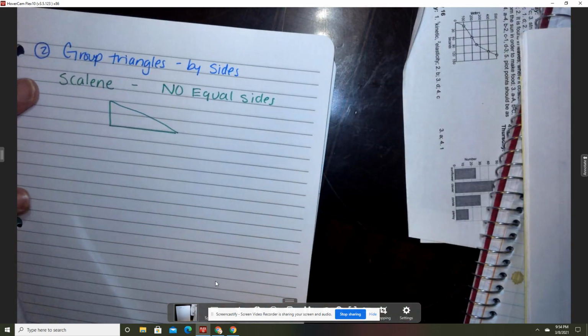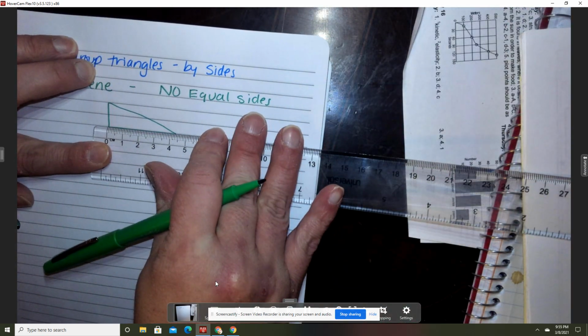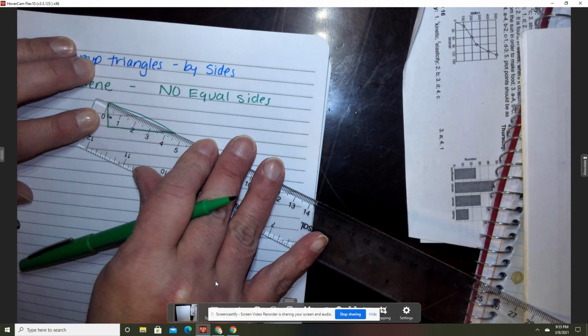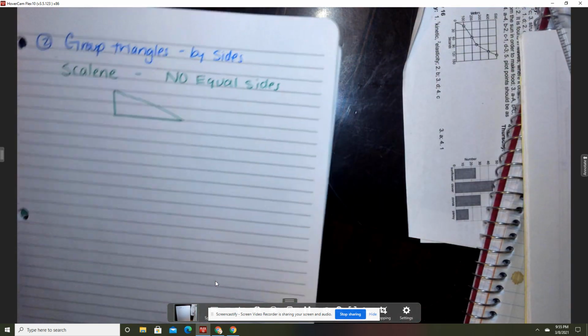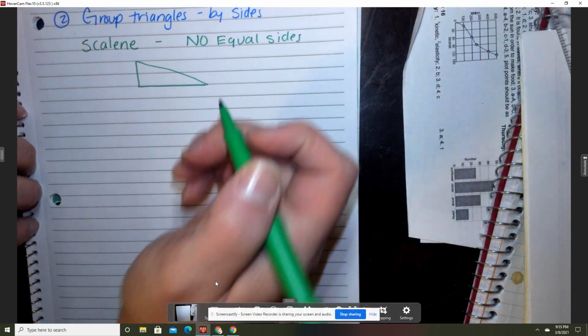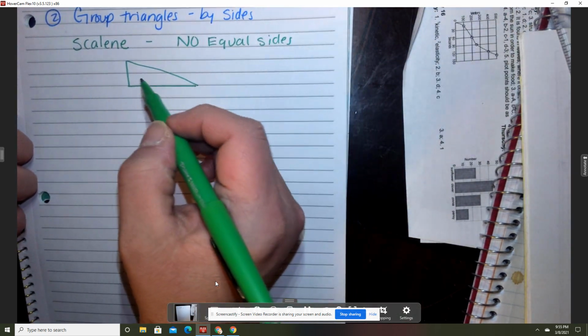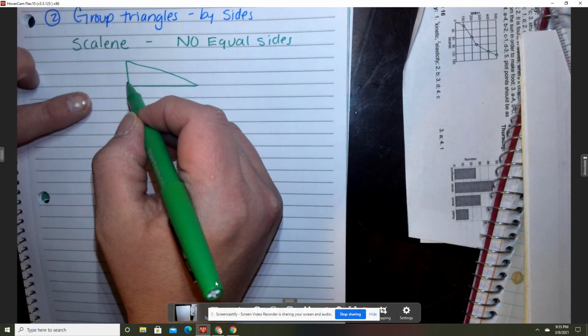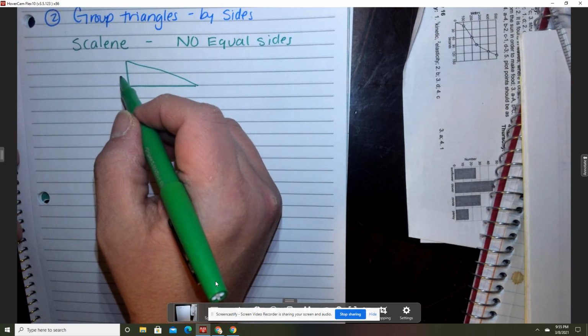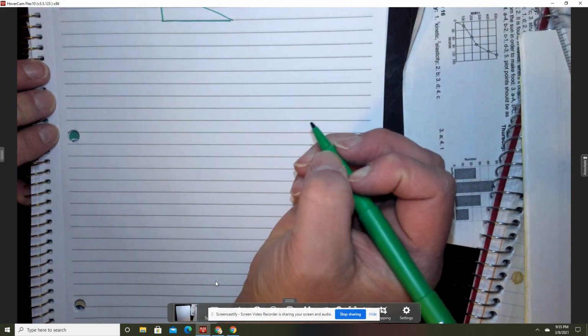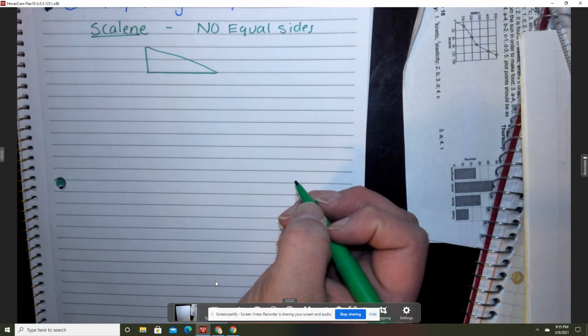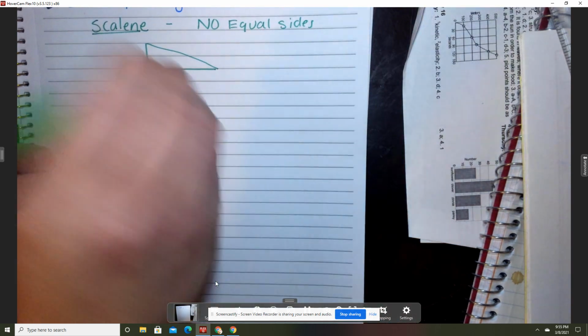Let me make sure that's scalene. Ooh, that's close, but it's 4 and 4.5, so that's all right. But we can also look at that and think, if it would have been drawn better, that is a right angle. So this is a right scalene triangle, okay? So again, triangles will have 2 classifications.